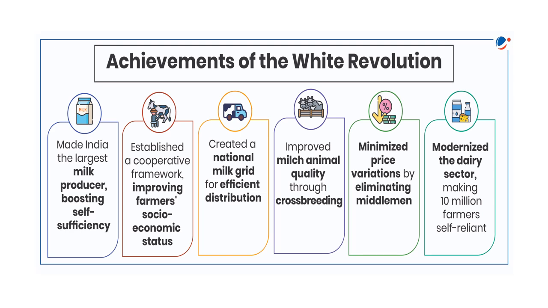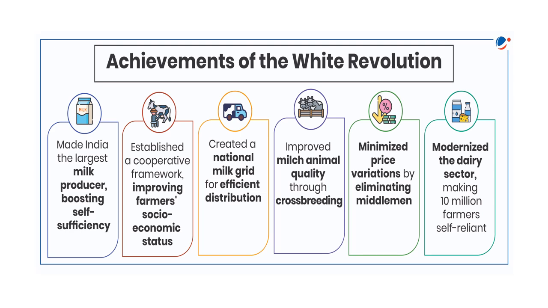Whenever there is a shortage or extra production, it is balanced through a national milk grid which has been established through the Operation Flood program. The next is improved milch animal quality through crossbreeding. Large scale crossbreeding has been done all over India, which has improved the milk production capacity of the indigenous cows. Further, price variations were minimized by eliminating middlemen.